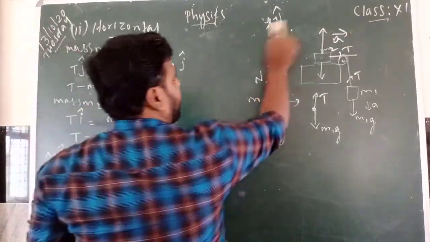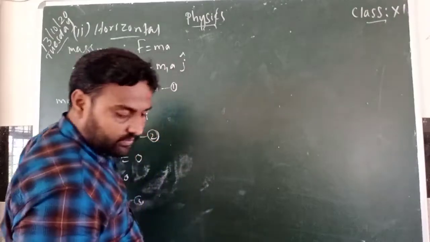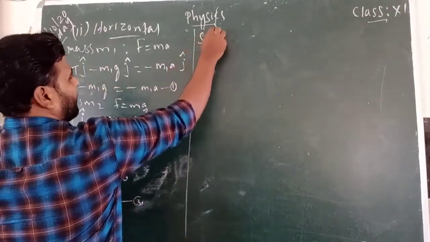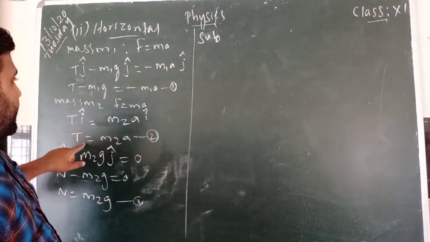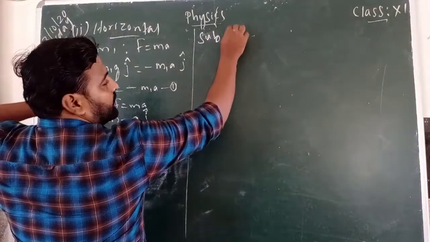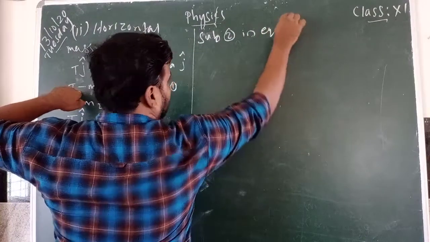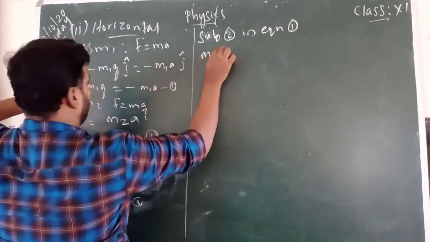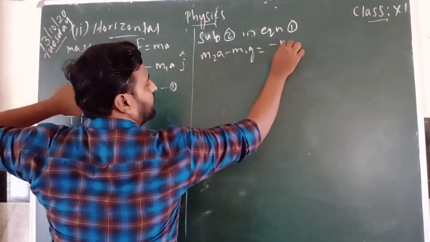Now substitute this T value from equation 2 into equation 1. Instead of T, write M2A, so M2A minus M1G equals minus M1A.